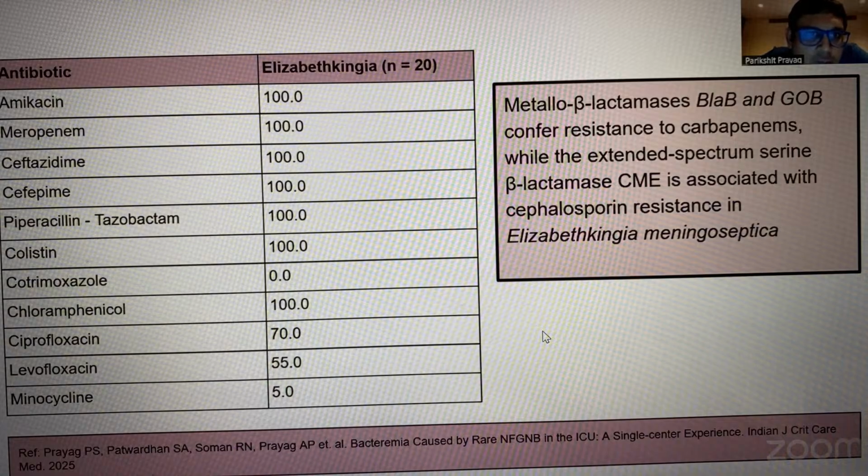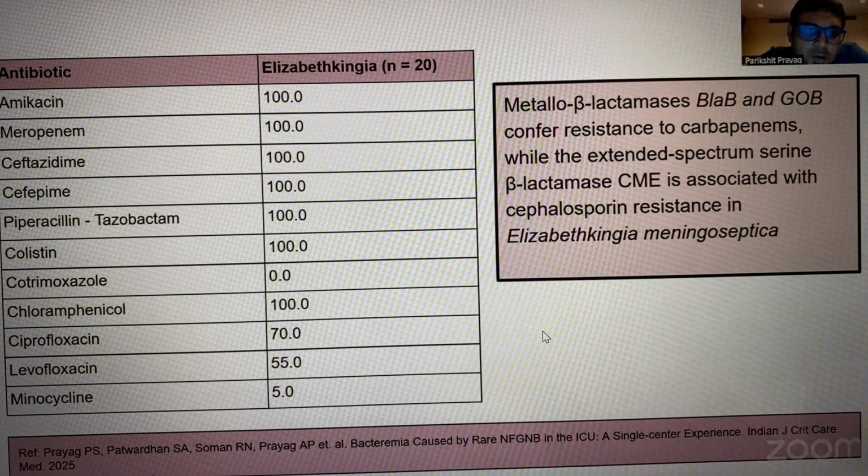So for example, in one of our recent publications, we had 20 bloodstream isolates of Elizabethkingia causing bacteremia, and 100% carbapenem resistance. So the metallo-beta-lactamases, BlaB and GOB, confer resistance to carbapenems, whereas they also have the extended spectrum serine beta-lactamase, CME, and that is associated with cephalosporin resistance.